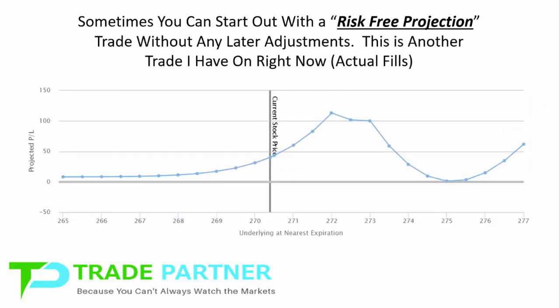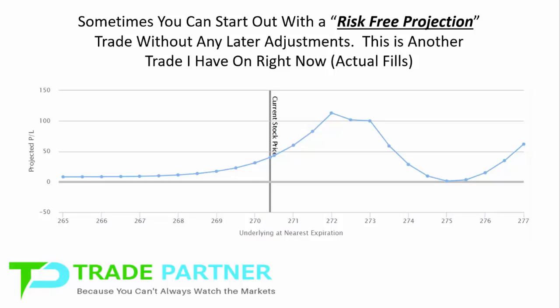As I mentioned earlier, you can sometimes start off with a risk-free projection trade. And this is an actual trade that I have on right now. And again, this also closes on Friday. And this is without any adjustments, right? So this is a risk-free projection trade that I placed on today.